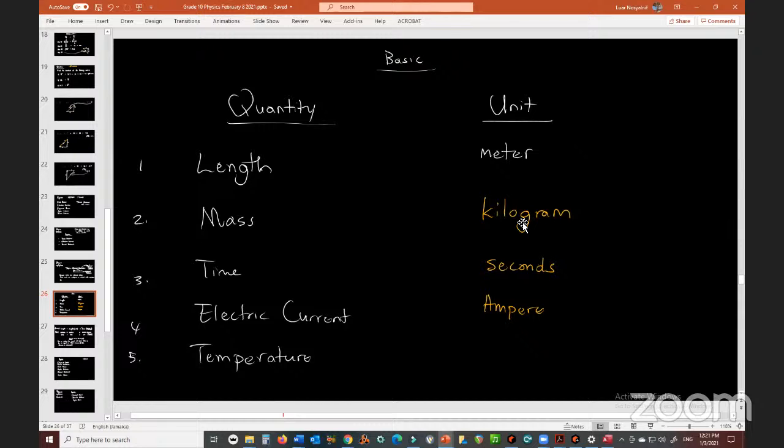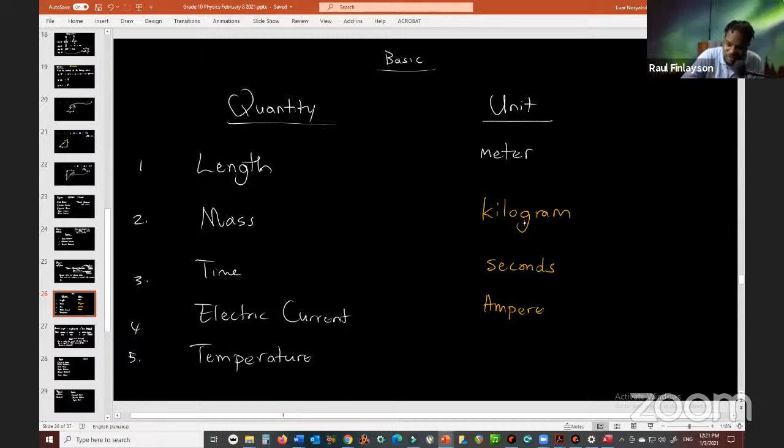Kelvin, sir. You see how long it took to find that? So, all right. So the answer here is Kelvin. So then these are the basic units.